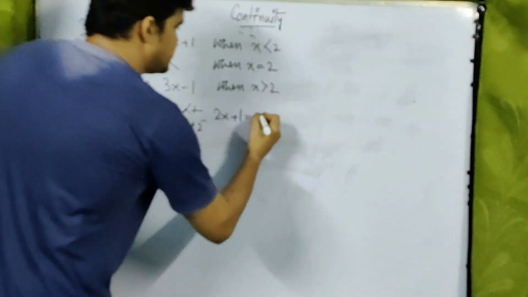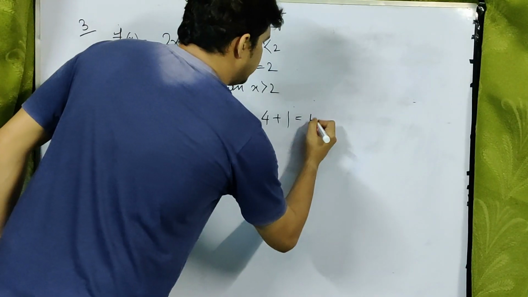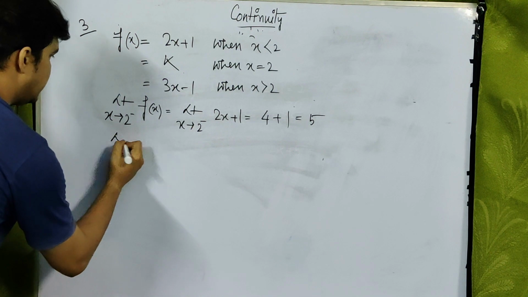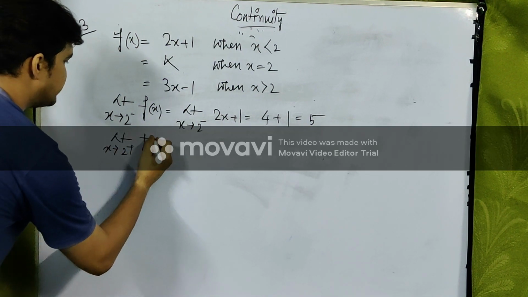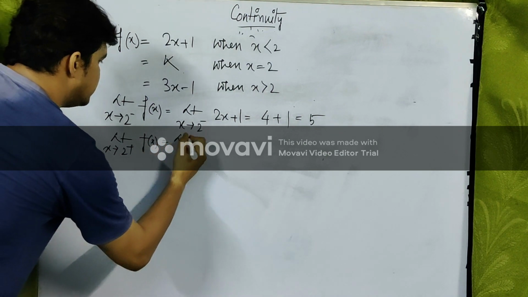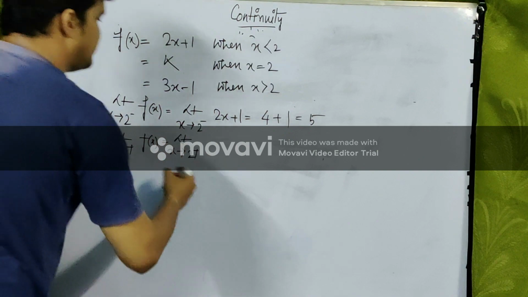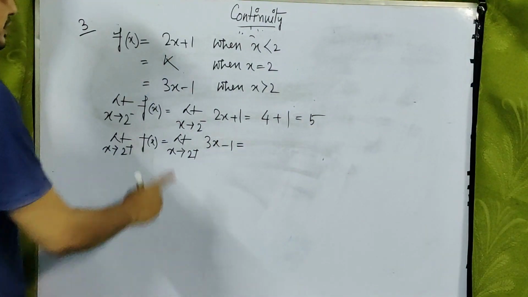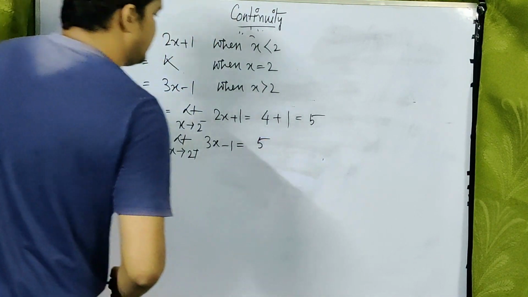If I put 2 in this function, 2 into 2 is 4, plus 1, so it equals 5. When x is more than 2, that means the limit as x tends to 2 plus of f(x), the function is defined as 3x minus 1. If I put 2, it becomes 3 into 2, 6 minus 1, 5.